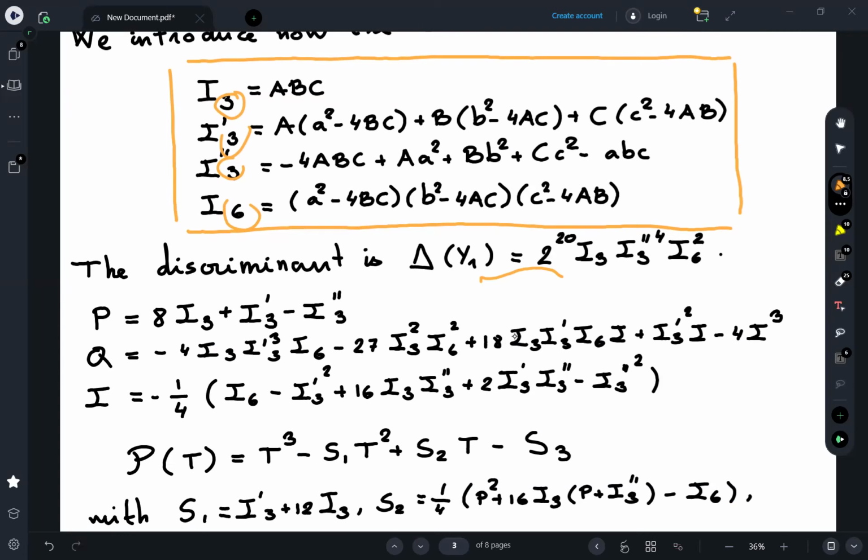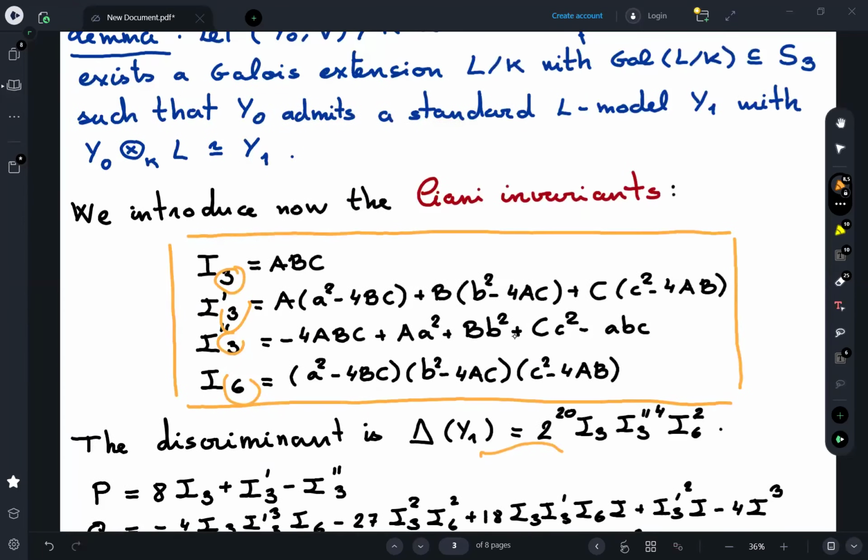I'm just talking about a field, whatever the field, but actually it's not true. For instance, also for those invariants to really give the isomorphism class, we need to assume the characteristic of the field to be different from 2 and 3. Sorry, as I told you, I cannot write very well with the screen in vertical.